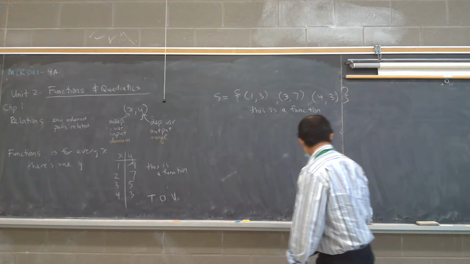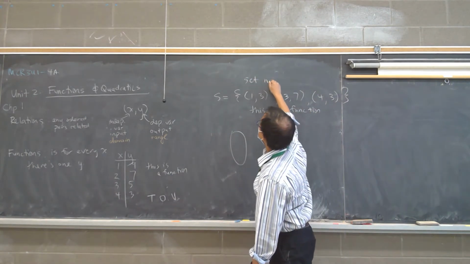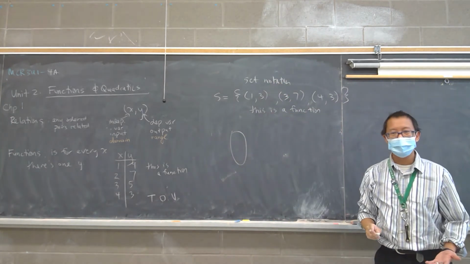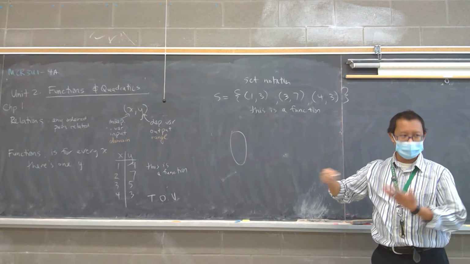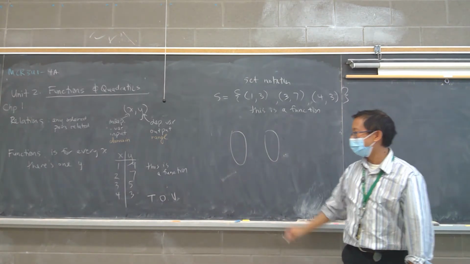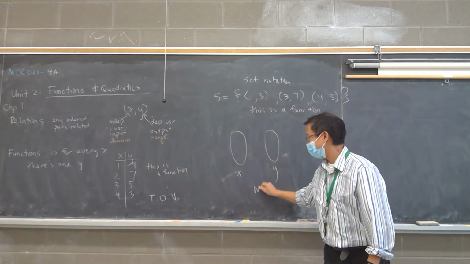There's another way to show this. So this is called set notation. And again, notice the examples I think are better than actually looking at the definition over and over again. This one I'm showing you again is probably new to a lot of you. And this is called a mapping diagram.